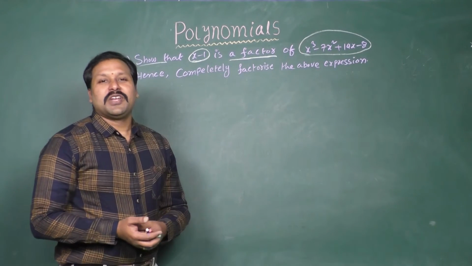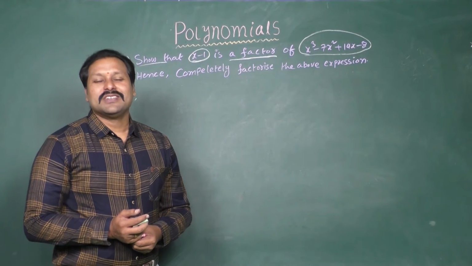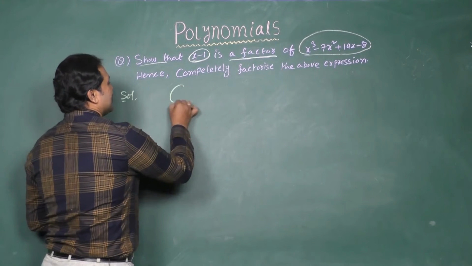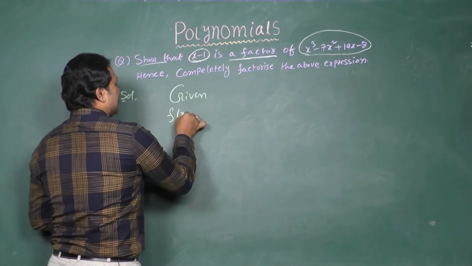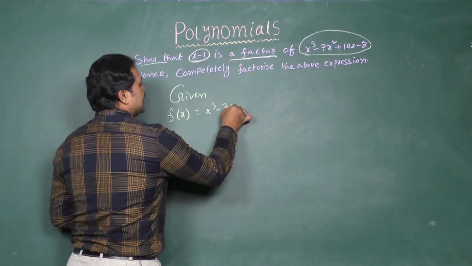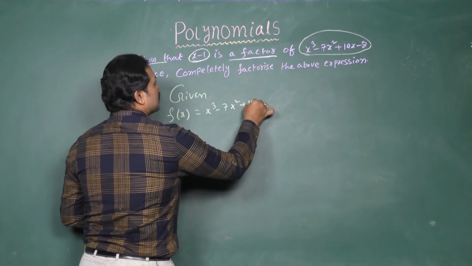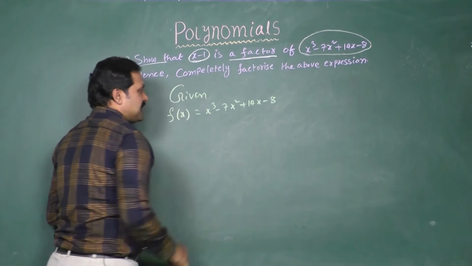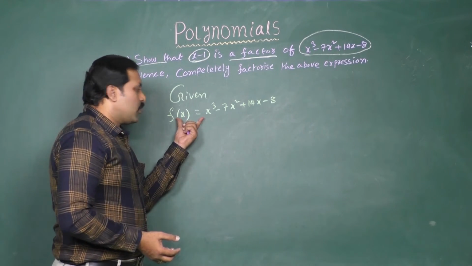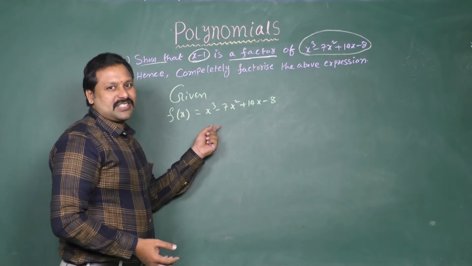According to the definition of the factor theorem, the given polynomial is denoted by f of x. Given f of x equal to x cube minus 7x square plus 14x minus 8. So by using the factor theorem, we should prove x minus 1 is a factor.